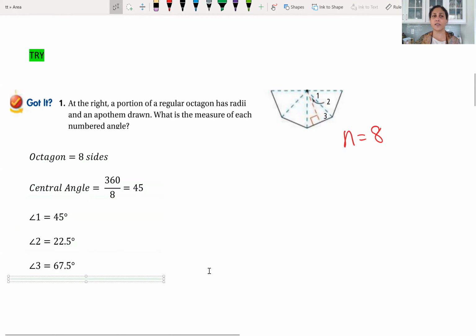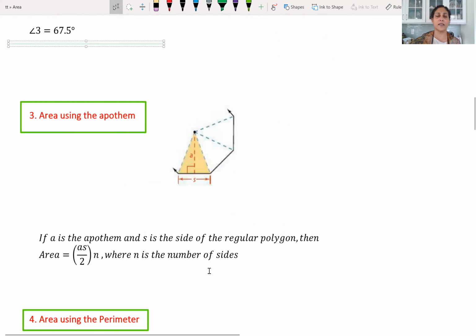So now let's see how we can find the area using the apothem. If you know the side of the polygon, then you can find all 3 angles inside, and you're going to use either special triangles or trigonometry to find A, which is the vertical apothem. Each of these triangles is base times height divided by 2, so A times S divided by 2.